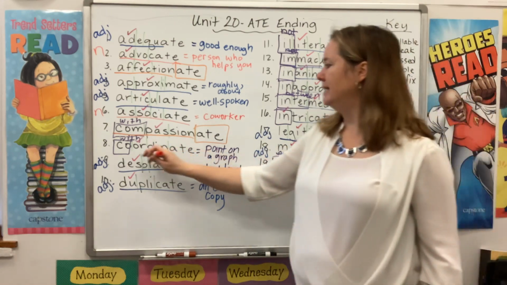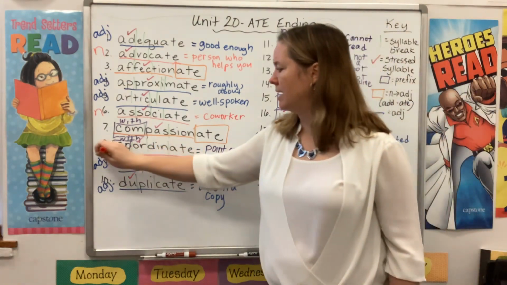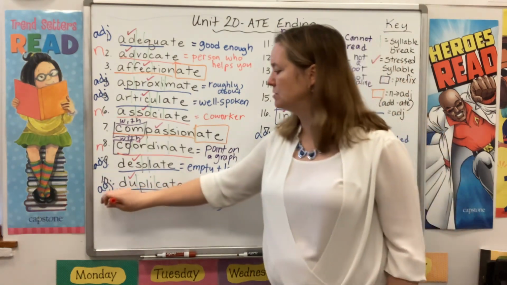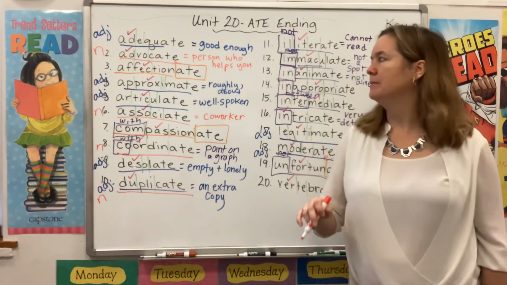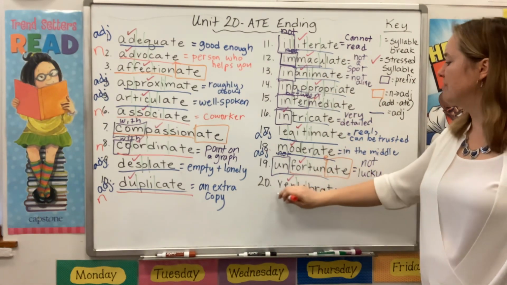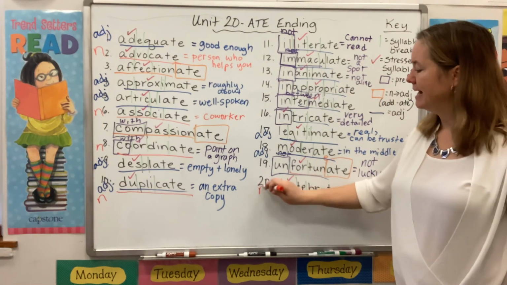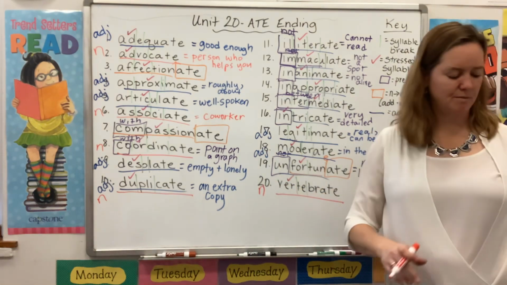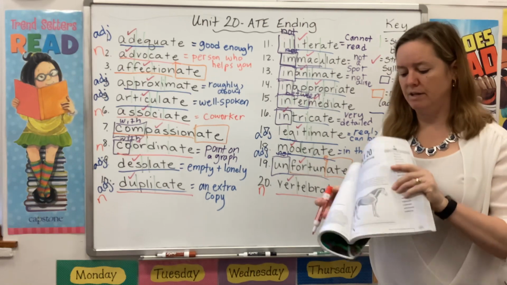A coordinate is a point on a graph, so that can be a noun. A duplicate can also be a noun, right? A vertebrate, that's an animal that has a backbone. There's a picture right here of a horse.